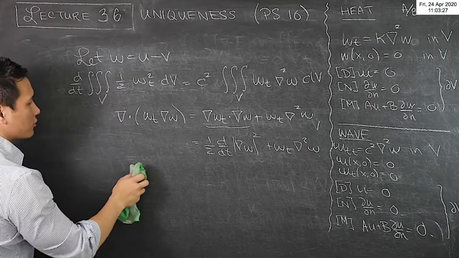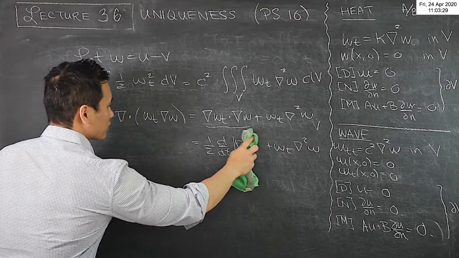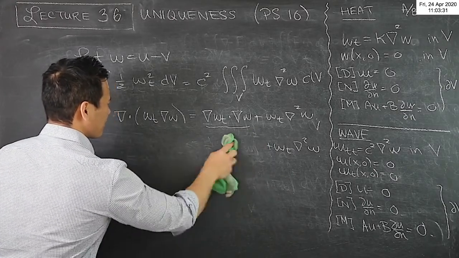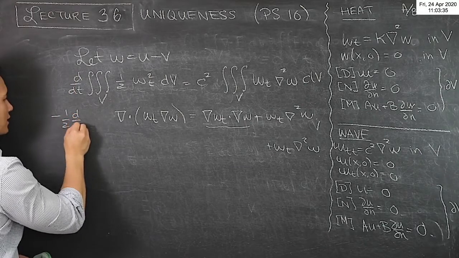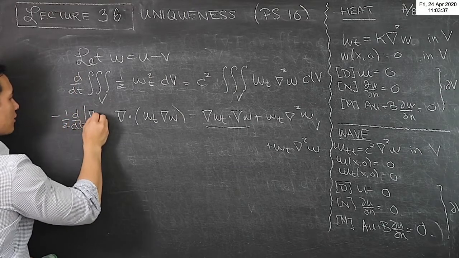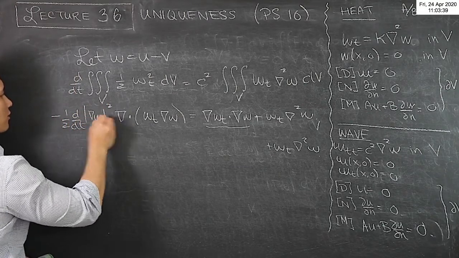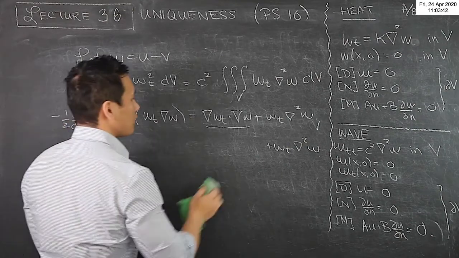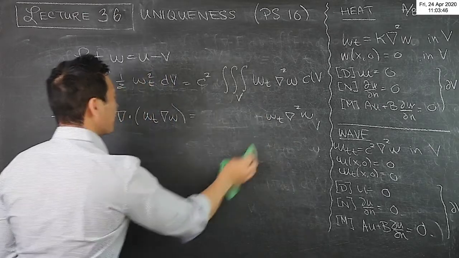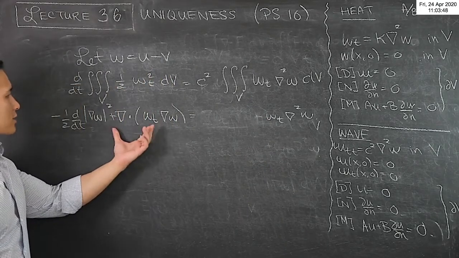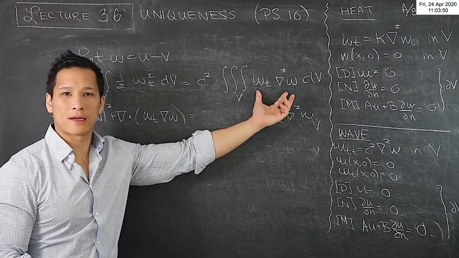So let's do that now. In fact, I'm going to do it on this line here. So I'm going to move this over to the left-hand side. This will be a minus 1/2, what we said it was, d/dt of the magnitude of grad w squared, plus that, and this disappears. And then now you're ready to substitute this quantity into this right-hand side.